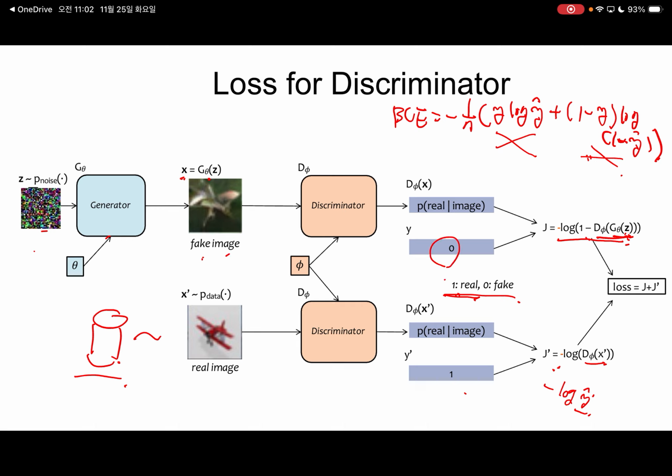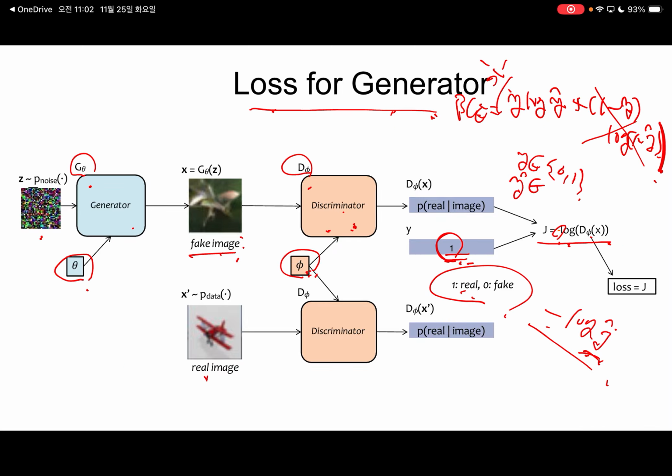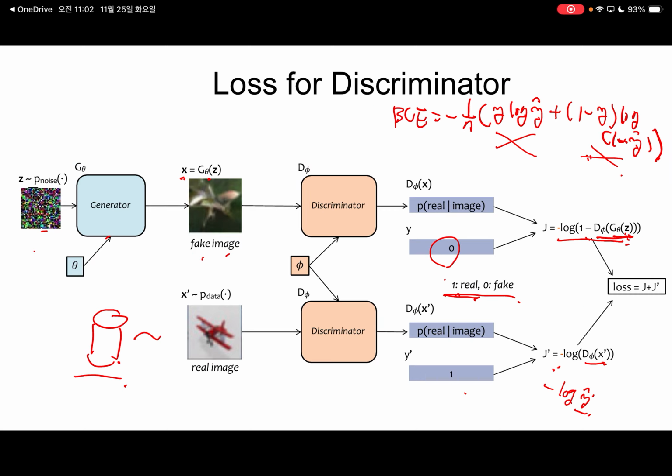So, as I introduced, there's adversarial training. The generator tries to make fake images whose output belongs to the real class when training the generator, while when training the discriminator, we want fake images to belong to the fake class. So they have opposite loss functions, opposite objective functions. That is adversarial training in GAN.